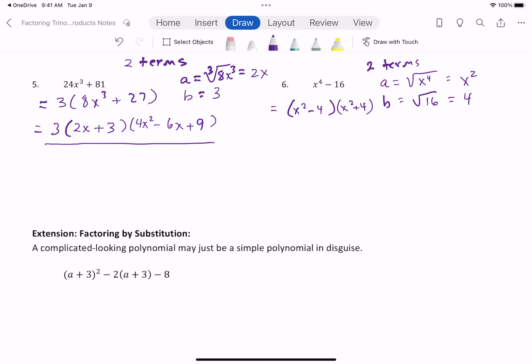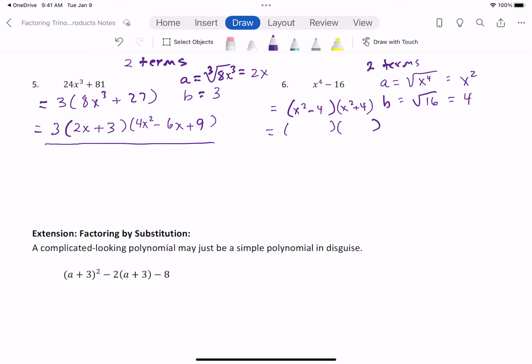So the tricky part here is that we're not finished, because look at the 2 terms. The first one is x squared minus 4. That is still a difference of squares. So I can still factor that x squared minus 4.